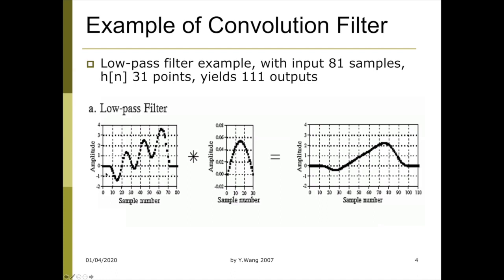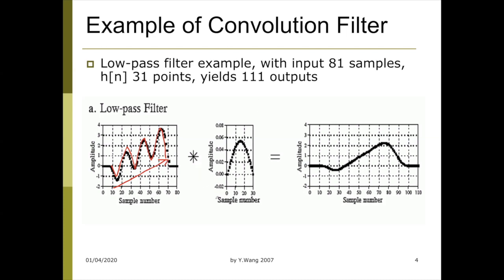On the left side I have a signal with a zigzag, which is a slightly high frequency component, and also a slow changing slope, which represents a slow changing signal. Fast changing is high frequency, slow changing is low frequency.